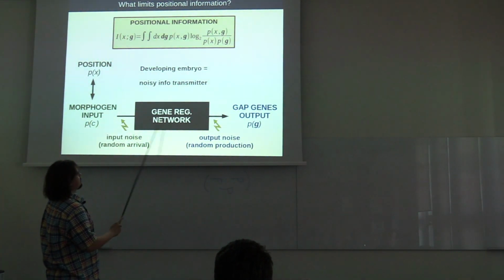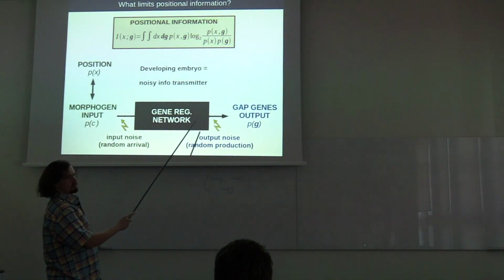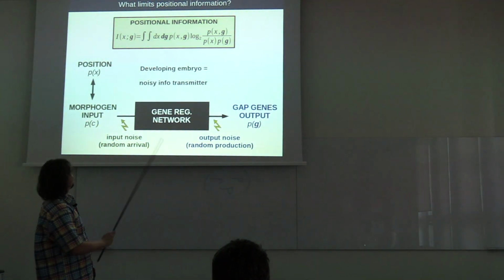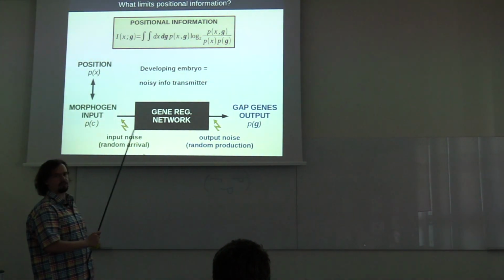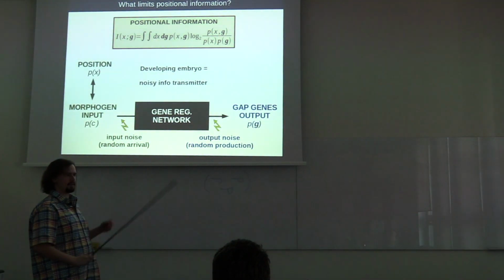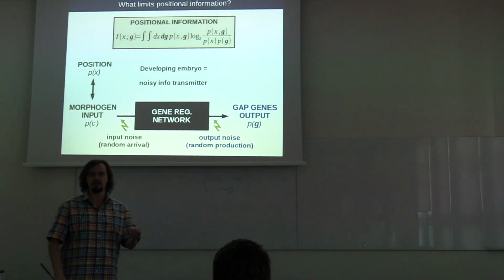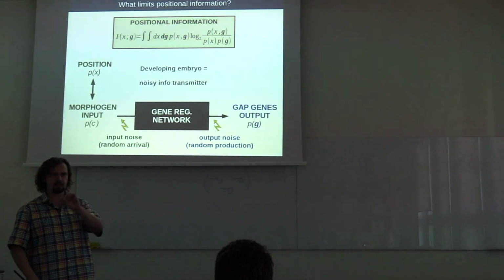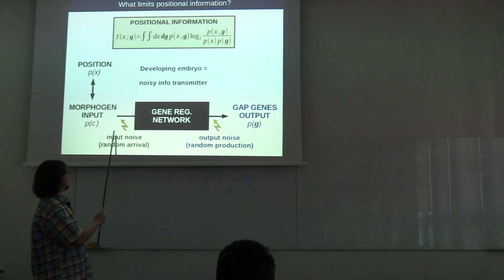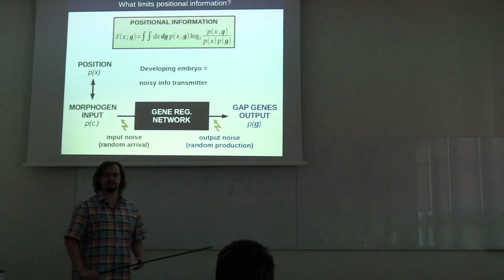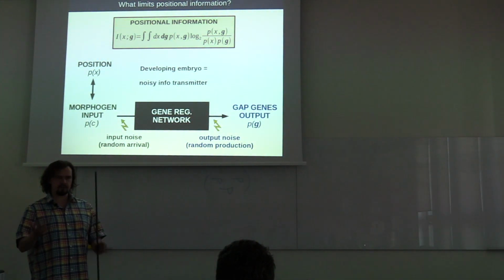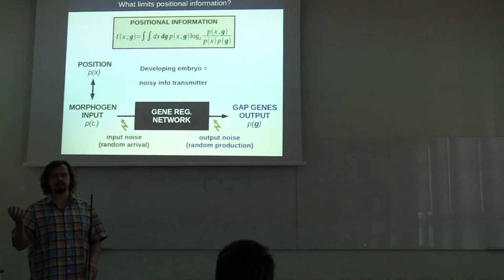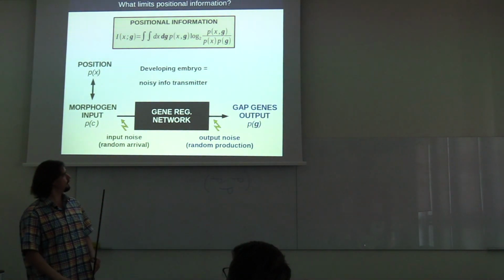Then there are 2 sources of noise that hamper transmission of information through that gene regulatory network. That is input noise, as I mentioned initially, that results from finite concentrations and random arrival of proteins to their target promoter. That already creates some type of noise, which we call input noise. And then, of course, there are stochastic processes that generate the output patterns: first mRNA production, then protein production, and so on.